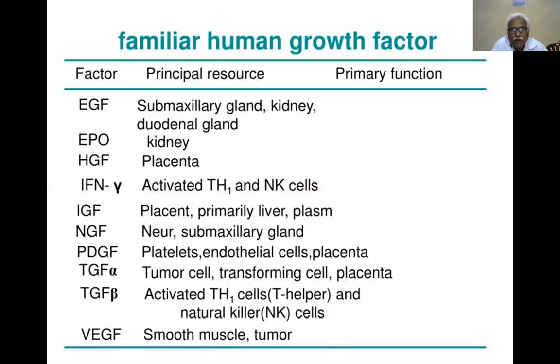So, familiar human growth factors: EGF, submaxillary gland, kidney, duodenal gland; EPO, kidney; HGF, placenta; IFN-gamma, activated TH1 and ganglion cells; IGF, placenta, primarily liver and plasma; NGF, neurons and submaxillary glands; PDGF, platelets and endothelial cells and placenta; TGF-alpha, tumor cells and transforming cells, placenta; TGF-beta, activated TH1 cells, T helper cells, and natural killer cells; VEGF, smooth muscle, tumor.